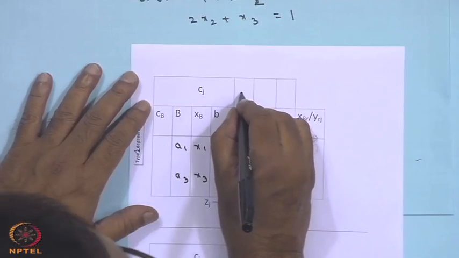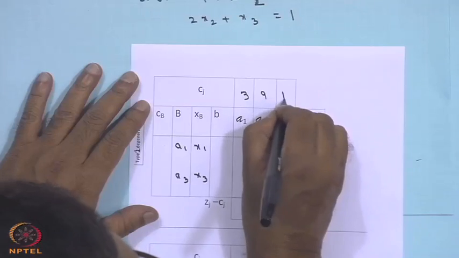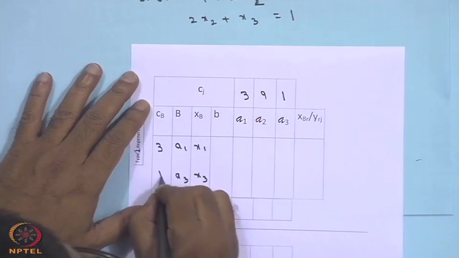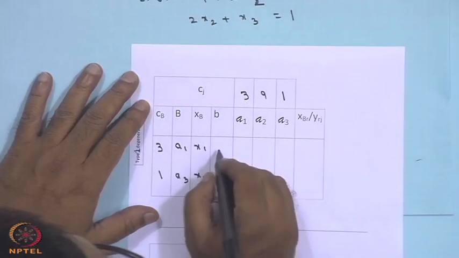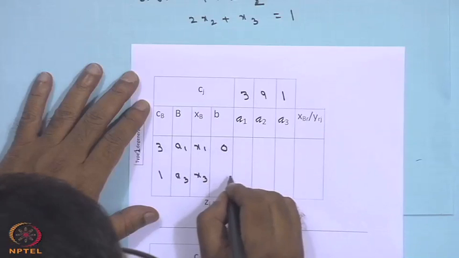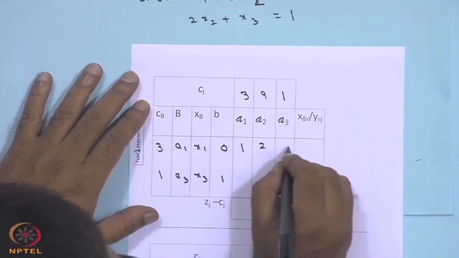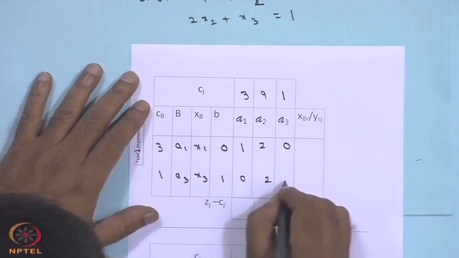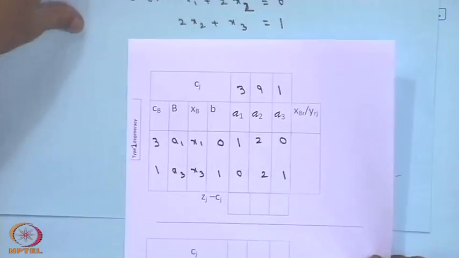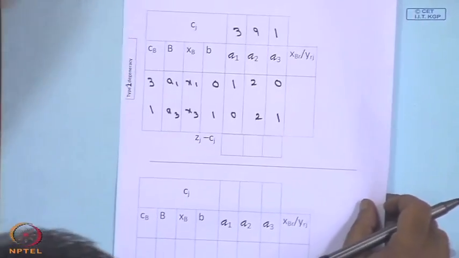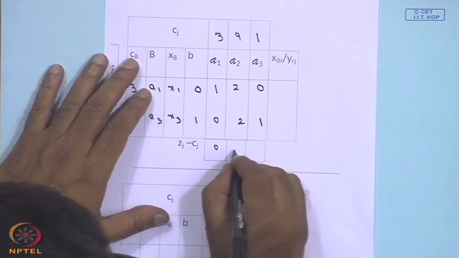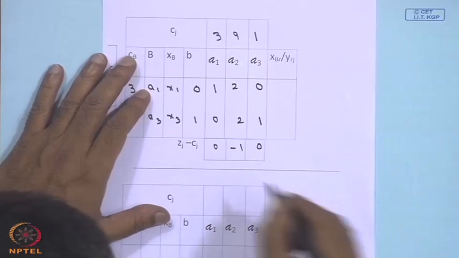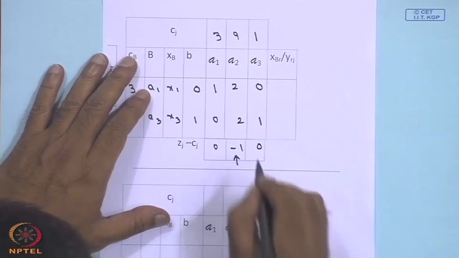C j values will be 3, 9 and 1. C b values 3 and 1. So, you copy the values, it is 1, 2, 0, next one is 0, 2, 1. If you calculate the z j minus c j value, you will find that it is 0, minus 1 and 0. So, therefore, the entering vector is this one.